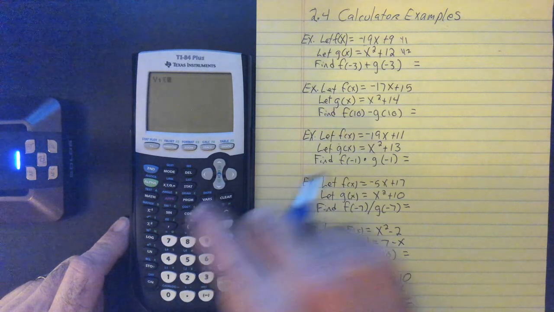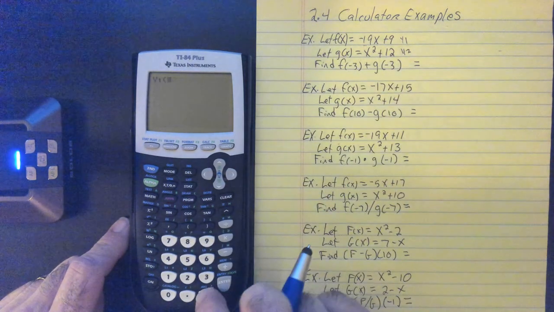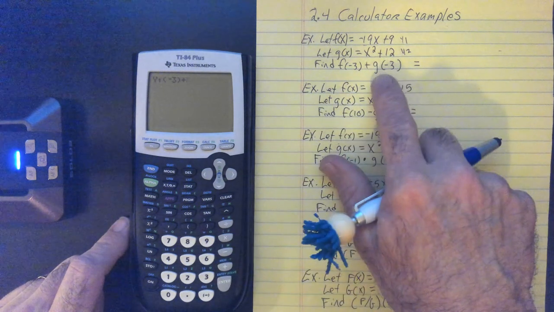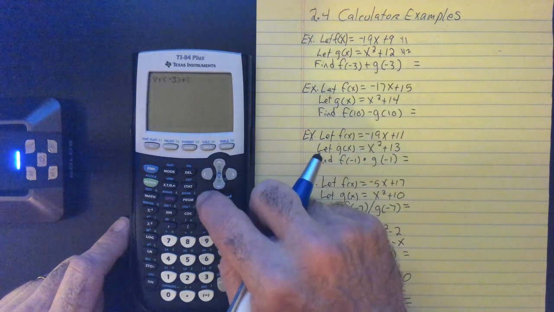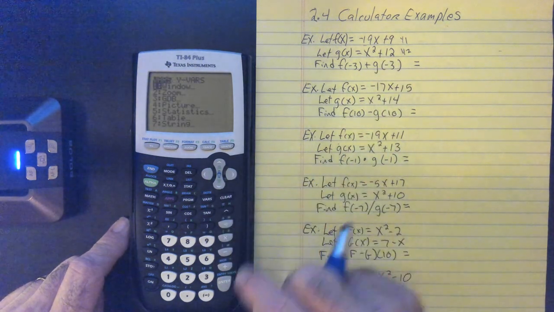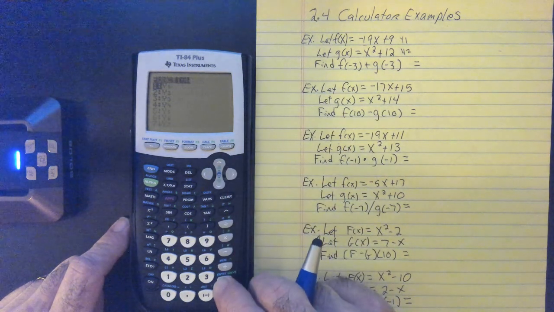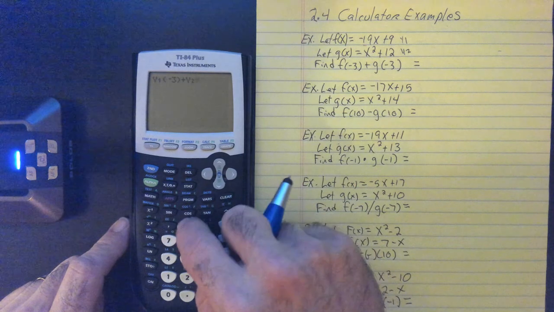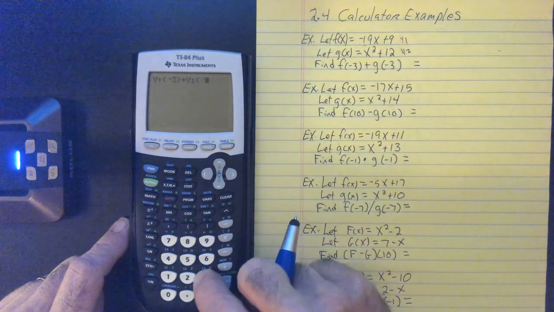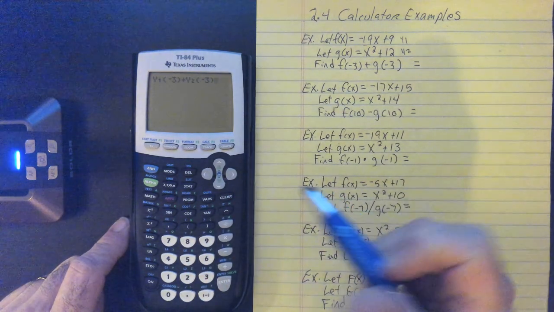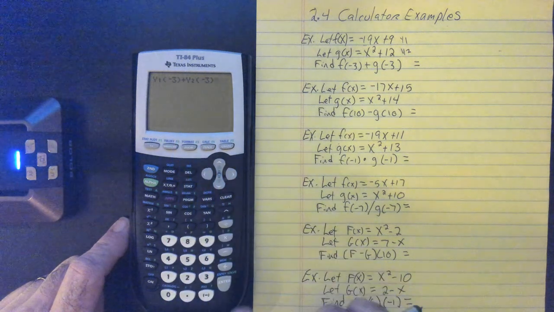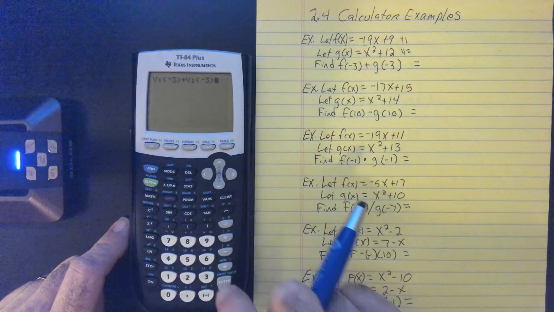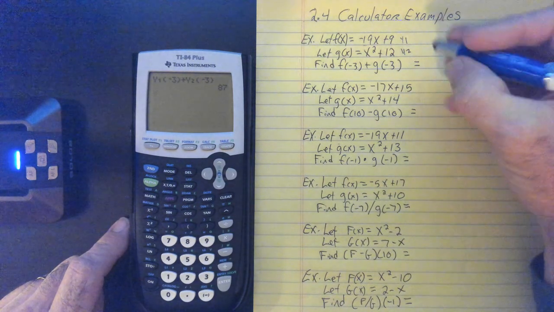So in parentheses, I'm going to put negative 3, close the parentheses, and then it's plus g, which I put in y2, so I hit variables, go to y variables, enter on function, arrow down to y2 and hit enter, and then I'm going to use parentheses for y2 and put in negative 3. So now I got f of x plus g of x, or f of negative 3 plus g of negative 3, which equals 87.